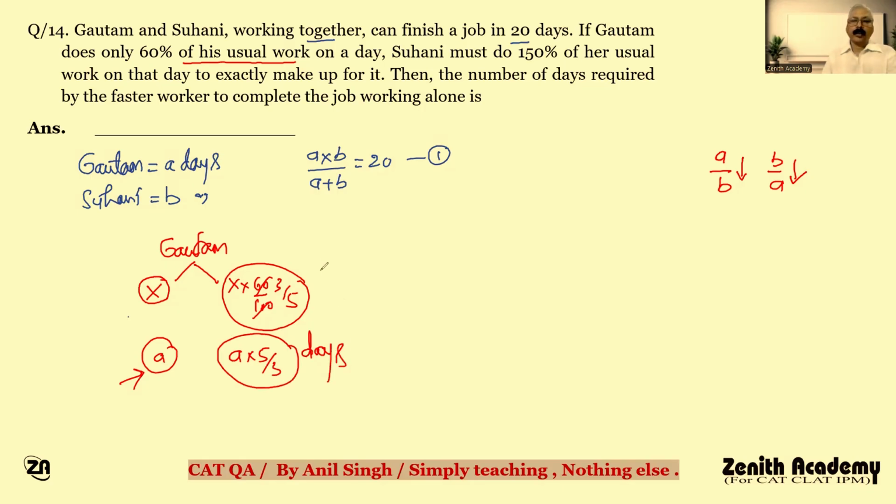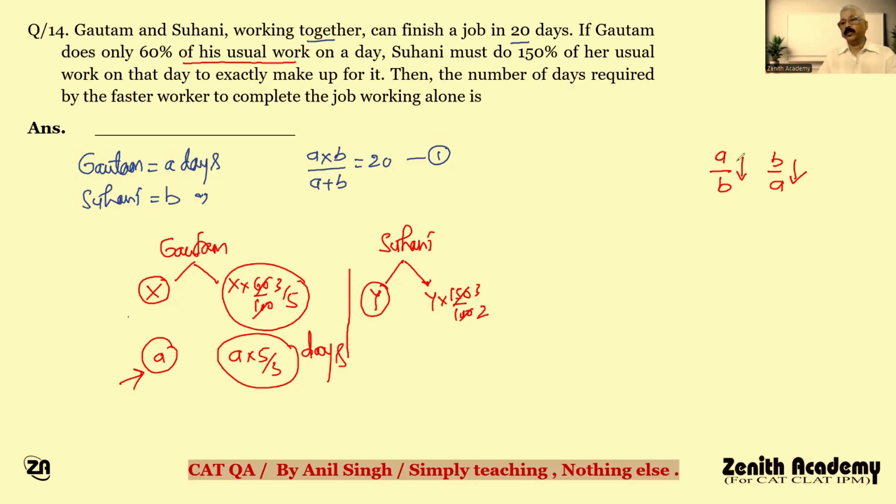Is it okay? Same in case of Suhani. Suhani, suppose, is doing Y work as usual. But because of this change, now she is working 150% of her usual, means Y into 150% of previous work, means 3 by 2. So same is here.